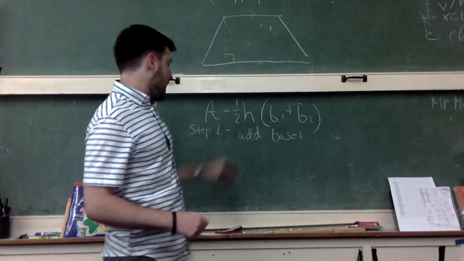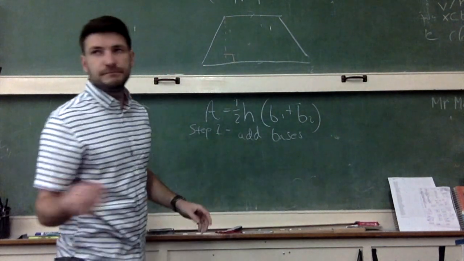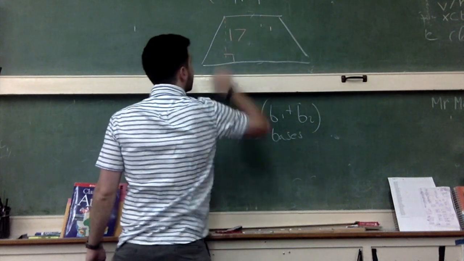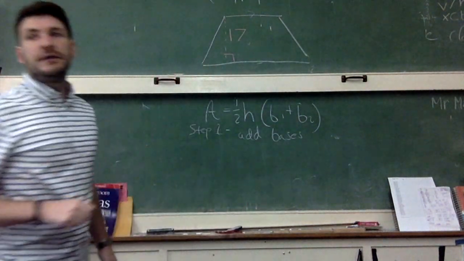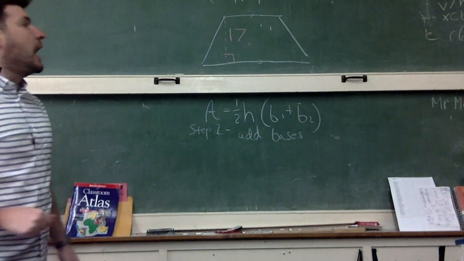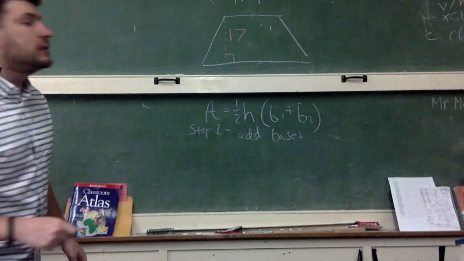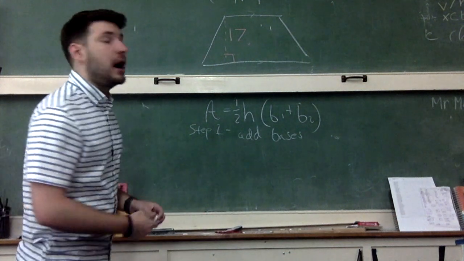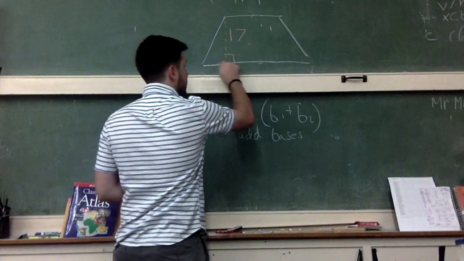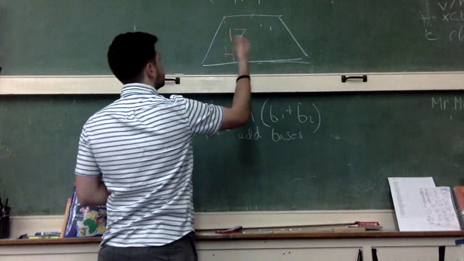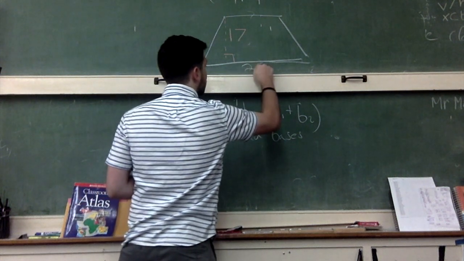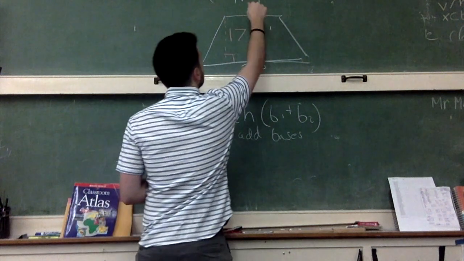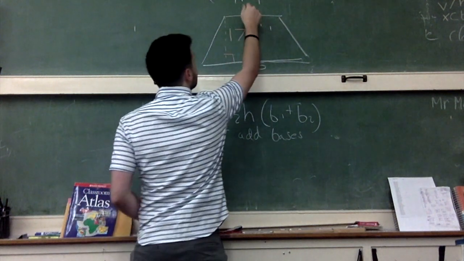I'm going to give us a height of 17. Now, I'm going to give our base down here, this measurement, a value of 25. And we'll make this final one, base 1, 13.